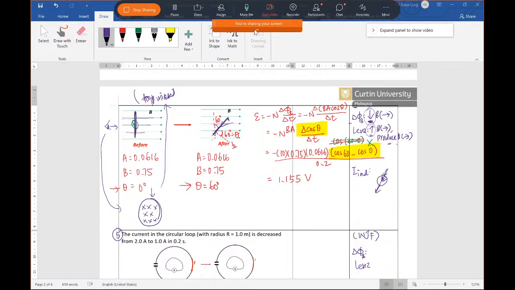Can you get that? Is it clockwise or anti-clockwise?